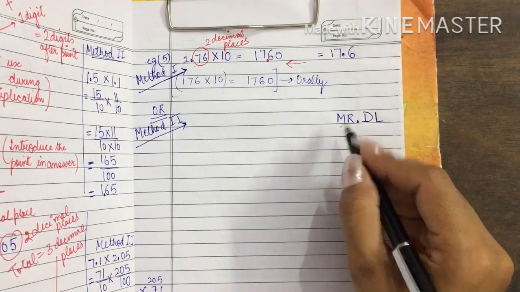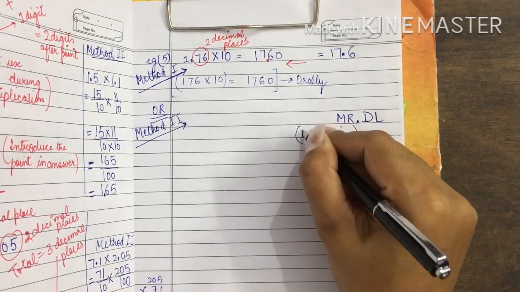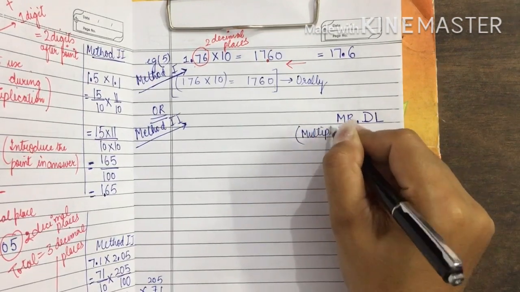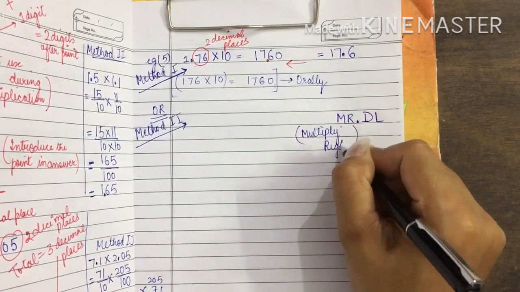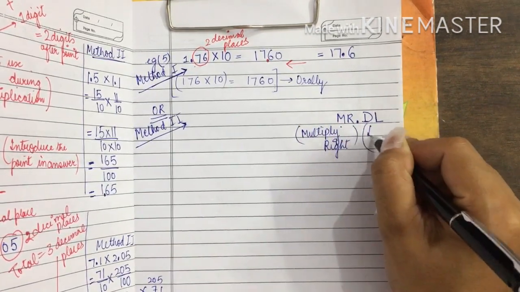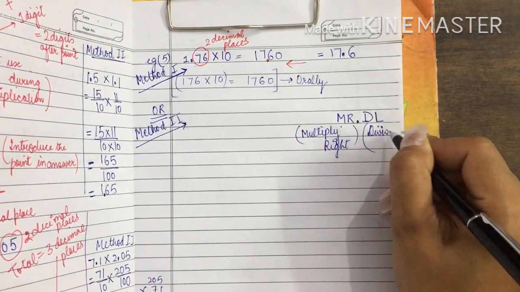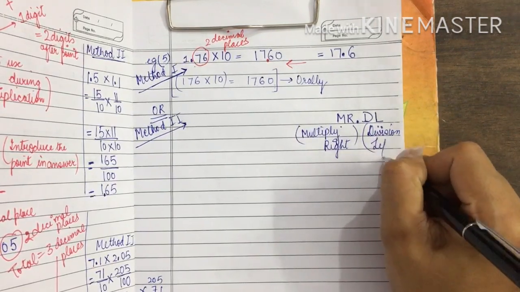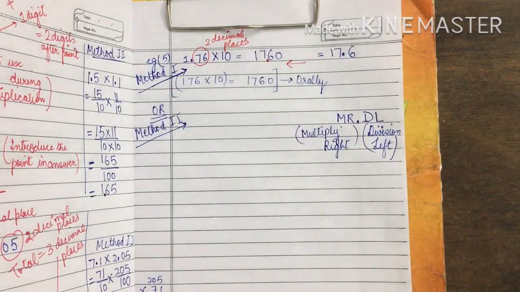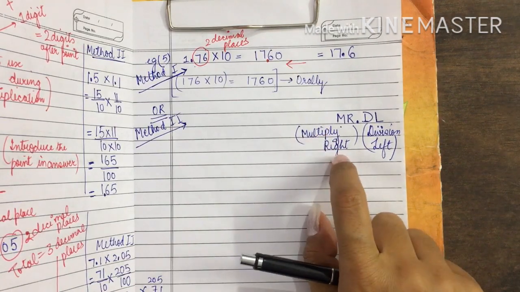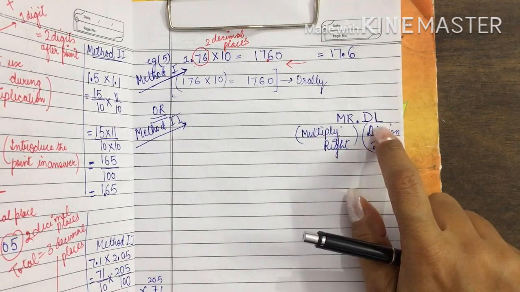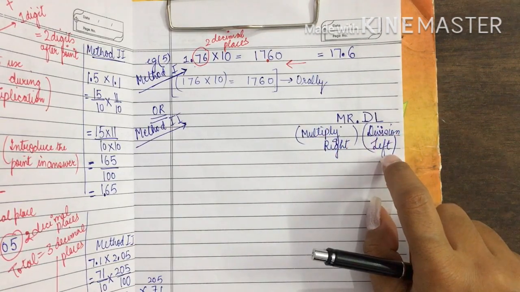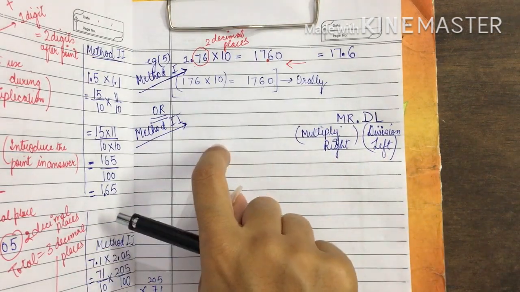It's multiply right and this is division left. So this simply tells you where the point would go. In multiplication, the point goes to the right side. In division, the point goes to the left side. So this is the shortcut that we are going to use here.